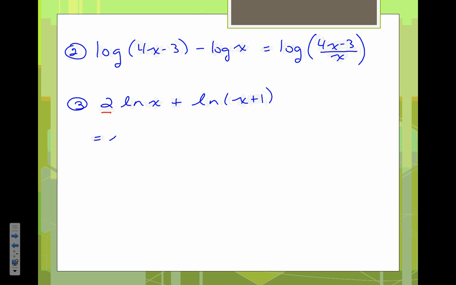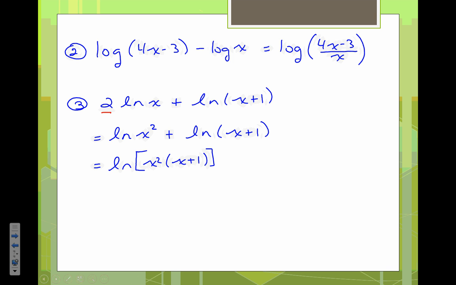So this gives me the natural log of x squared plus ln of x plus 1. Now I can do my multiplication. So I have the natural log of x squared times x plus 1. And I'll just put a second set of brackets around there to be sure that the natural log encases all of those. So again, remember that it's going to take a fair bit of practice to become comfortable with manipulating your logarithms using these properties.